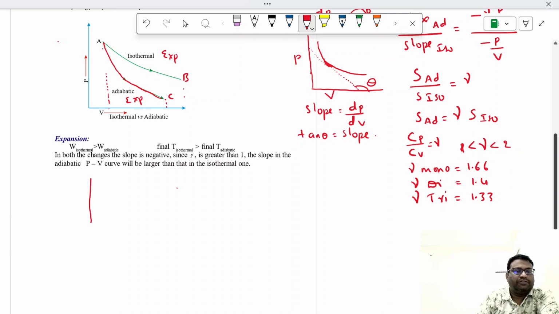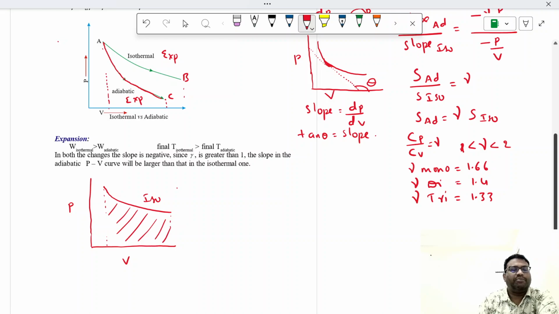Right? So coming to work done, the area under the PV graph will be the work done. So this is isothermal. What will be the area of this graph? This will be the area.